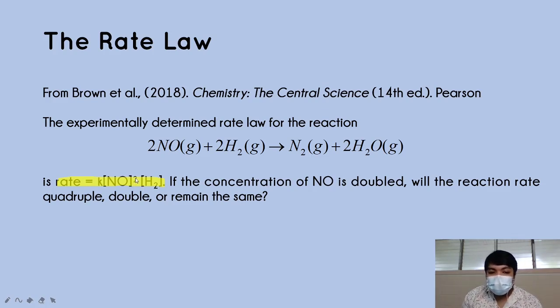However, since this is raised to 2, when you double the concentration of your nitrogen monoxide, you increase it by a factor of 2. Since this is squared, the rate will increase by a factor of 2 raised to the power of 2, or 2 squared. So the rate will increase by a factor of 4. Since 2 squared is equal to 4, the rate will be quadrupled. Okay?